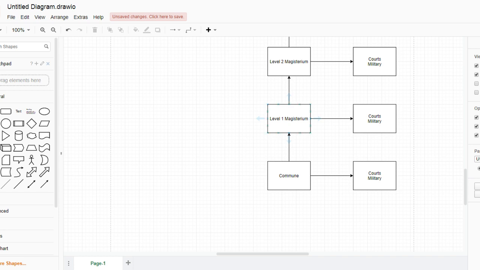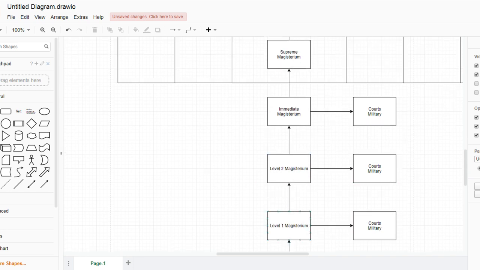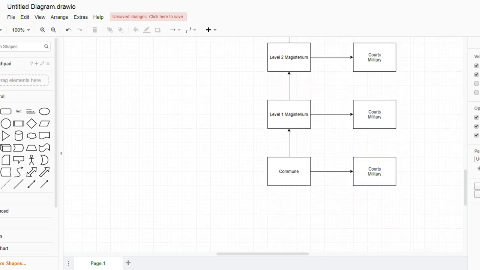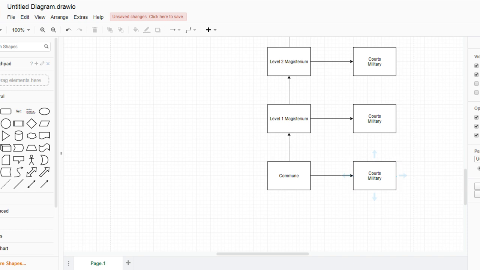Now, this can instead be replaced by a collective body if it is deemed necessary, but there has to be one person who is considered the responsible individual on that. There also has to be one person who acts as the advocate for the commune or the magisterium, and the commune is not required to hold a court.